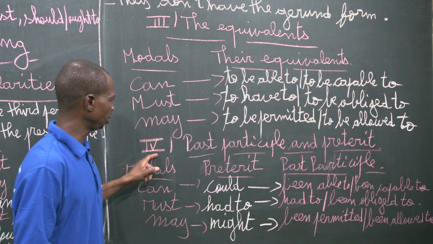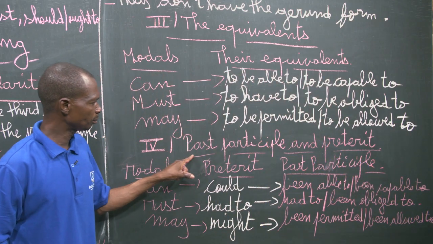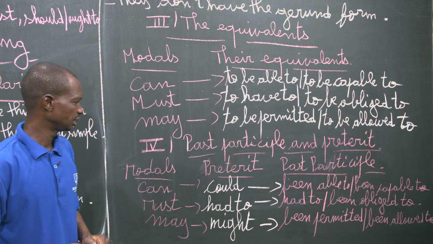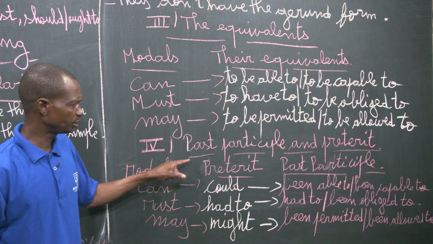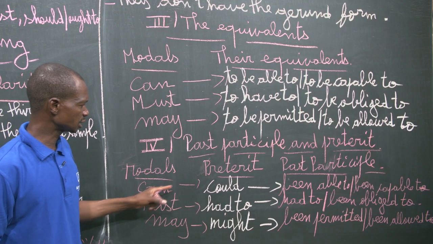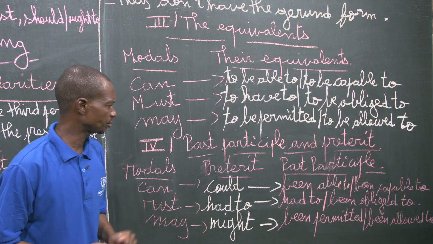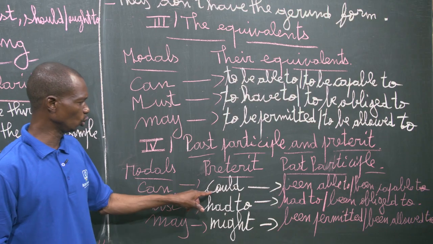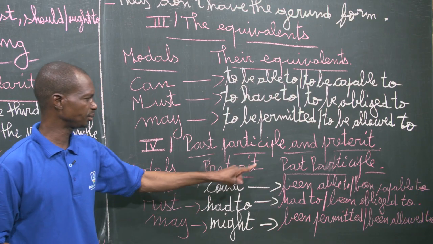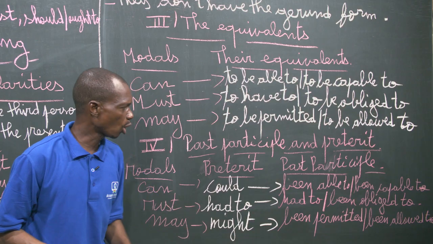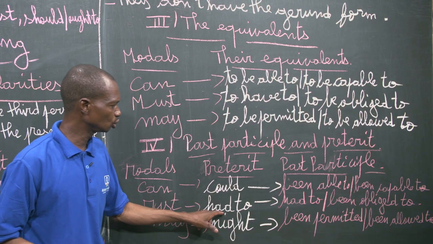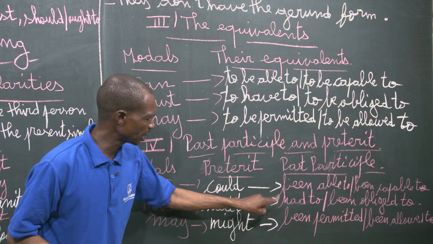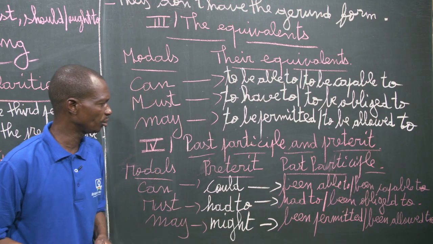And the modals also have a preterite and a past participle. Here are the preterite and the past participle. Can, we have could, and the past participle is been able to or been capable to. And must, we have had to, and the past participle is had to or been obliged to.